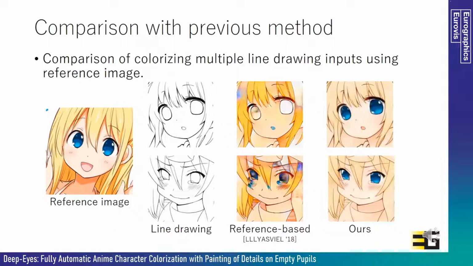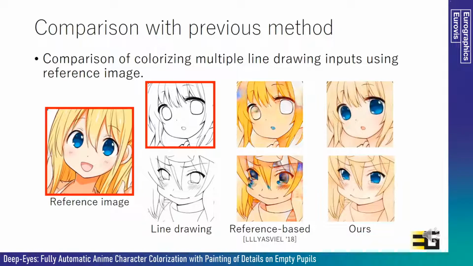Our method is compared with a previous method using a color reference image. This method applies the colors in the reference image on the left to the line drawing image on the upper left.